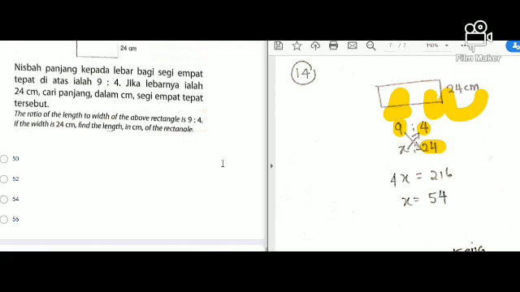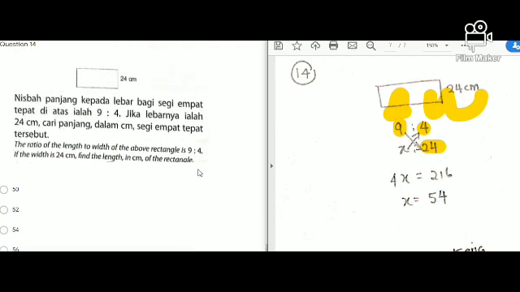And for the length, it does not give you the length. It wants you to find the length. So if you don't know, you write x. So now it's already like in the fraction form. So all you need to do is just cross multiply. Okay, so 4 multiplied with x, you will get 4x. And 9 multiplied with 24, you will get 216.